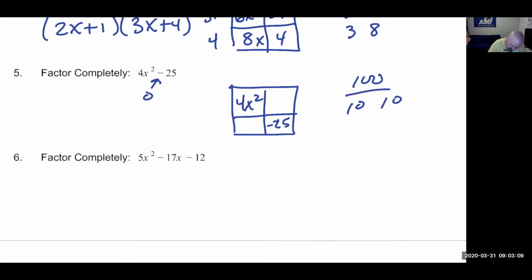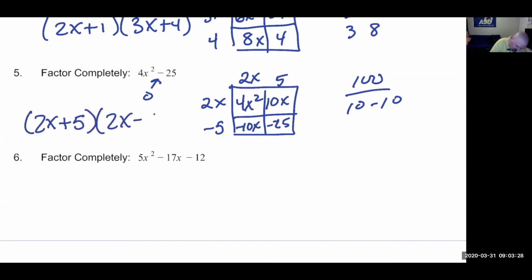That's 10 and 10, except it's actually 10 and -10. So 10x and -10x. Across the top gives you 2x. Across the bottom gives you -5. First column gives you 2x. Second column gives you +5. So 2x plus 5 and 2x minus 5. If you notice the pattern there, you can use that to your benefit later on.